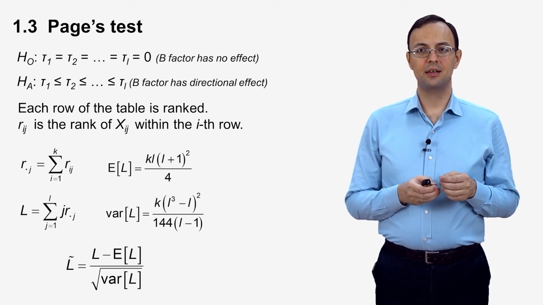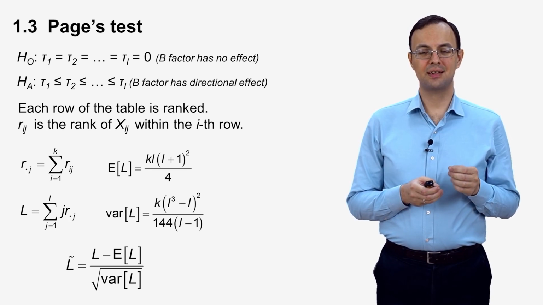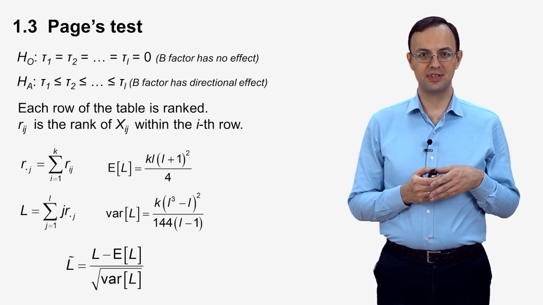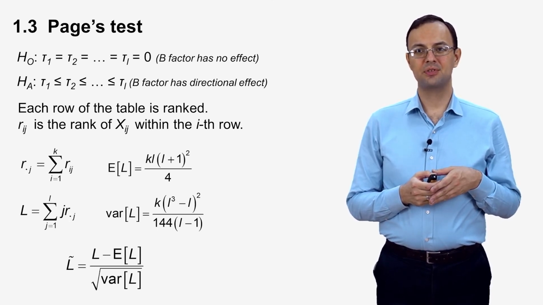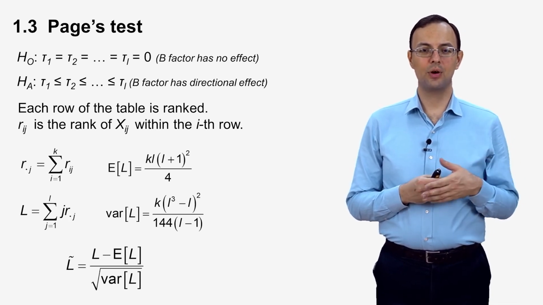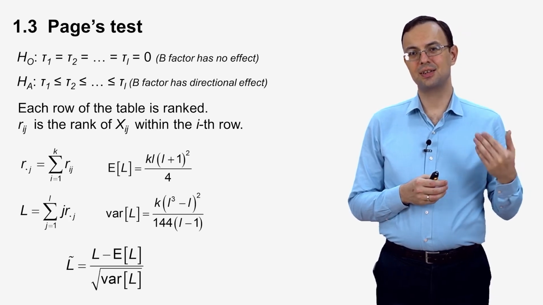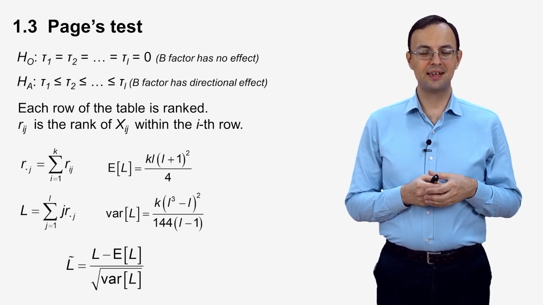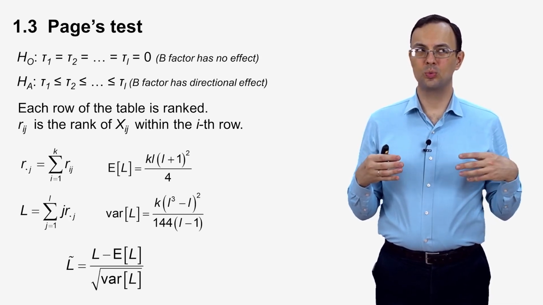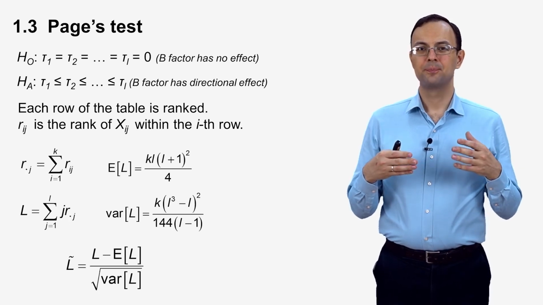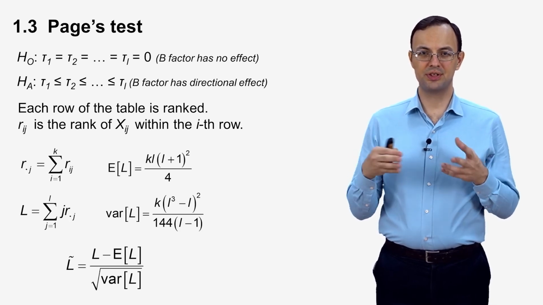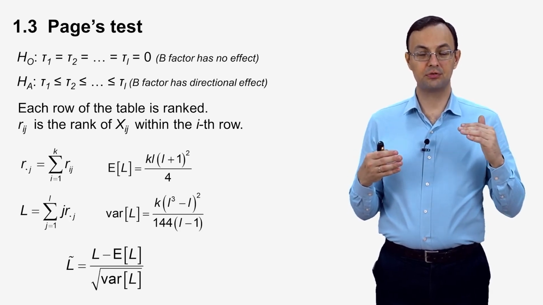So this test is sometimes called Page's test, sometimes Page's L test, as L is the standard notation for the test statistic in this test, and sometimes Page's trend test. The same as for one-way ANOVA, where we have Jonckheere's trend test, here we have Page's trend test. We suppose that we are looking for a trend: not just that average values of the response are different for different factor levels, but that there is a trend.